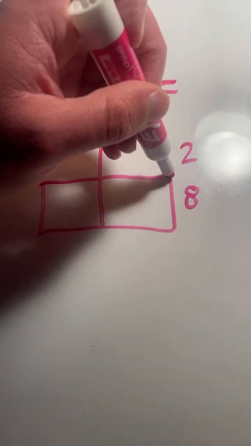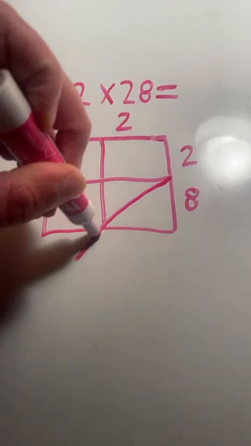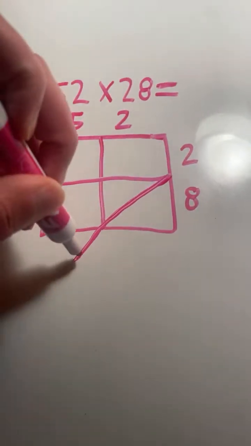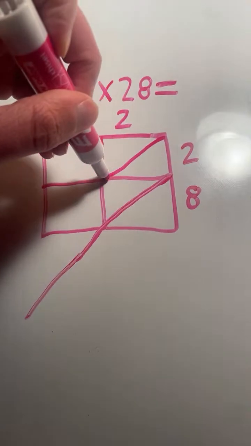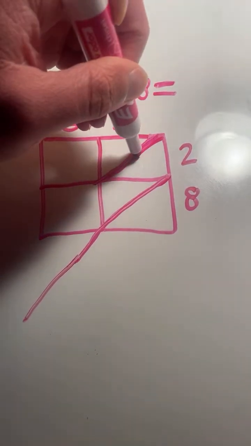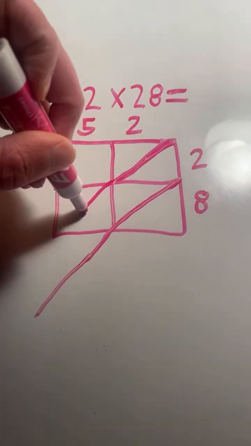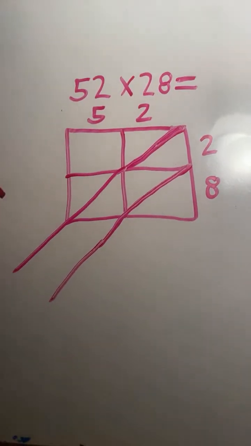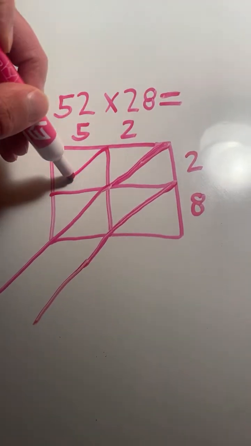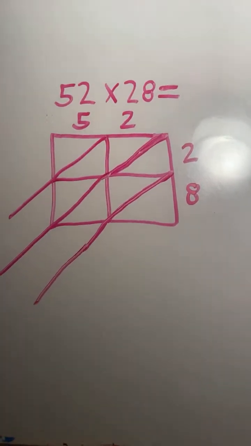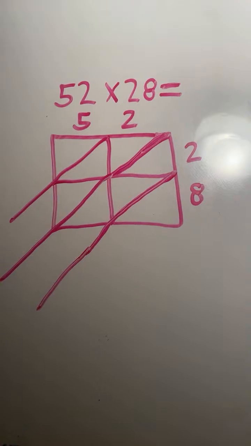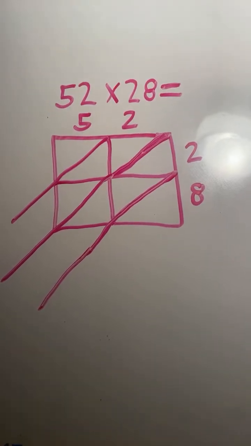Next, we have to draw a line through each square to form our triangles. And now we are ready to multiply.